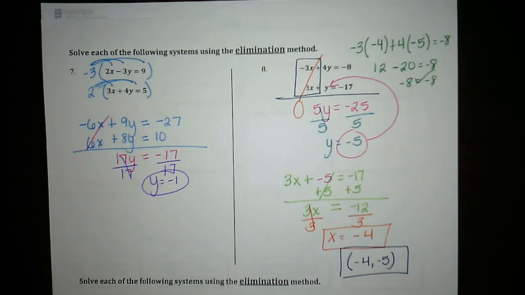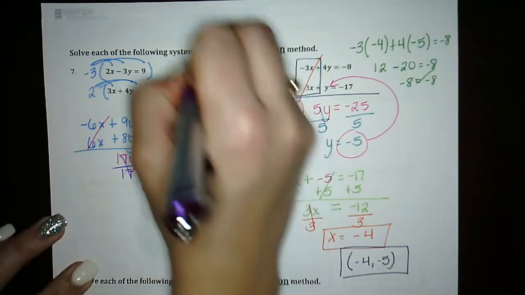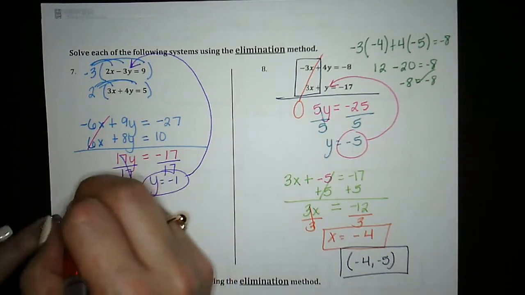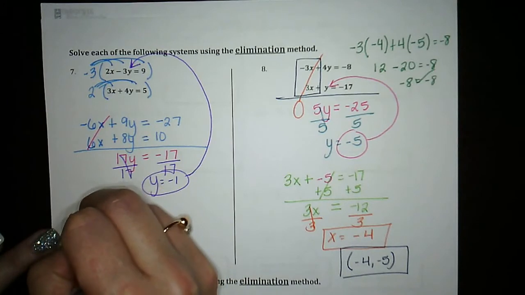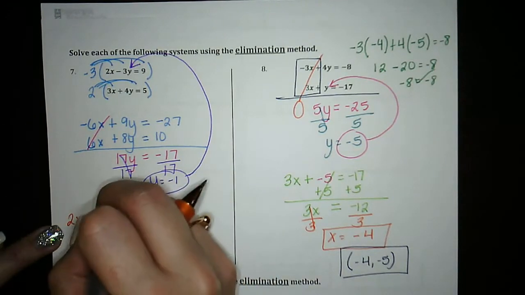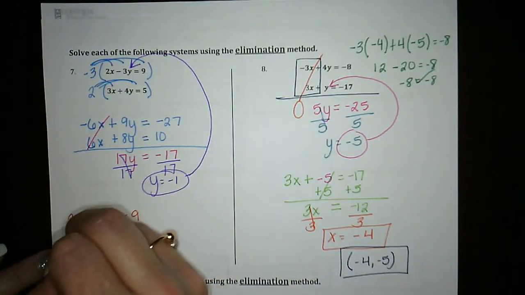Are we done? No, we are not done yet, but we are close. We are now going to sub this value in for y. And so now we have 2x minus 3, y is negative 1 equals 9.